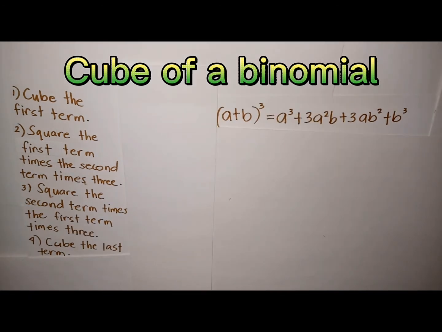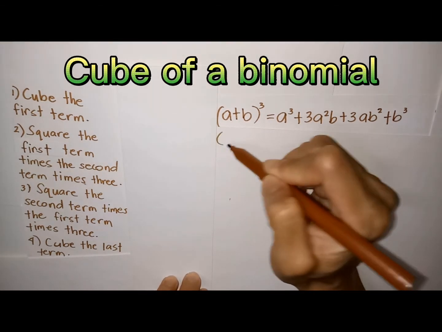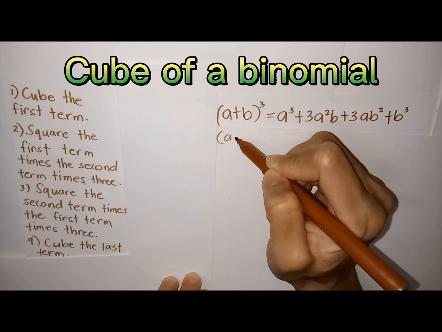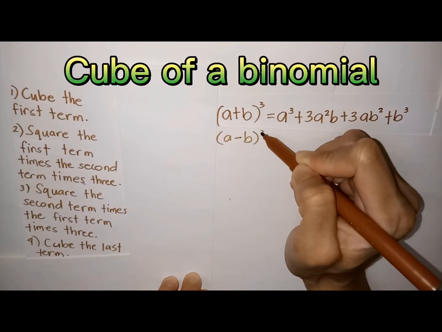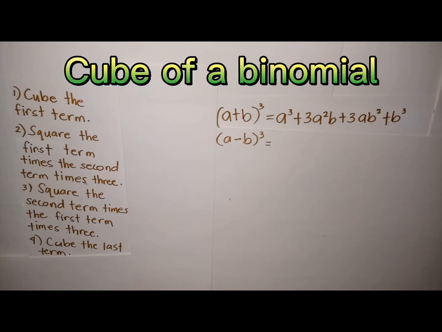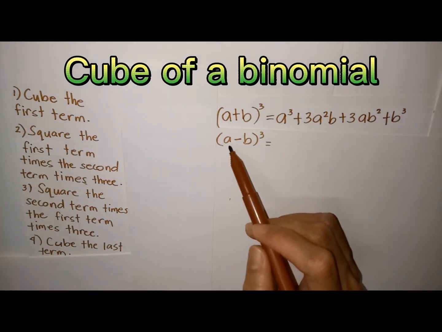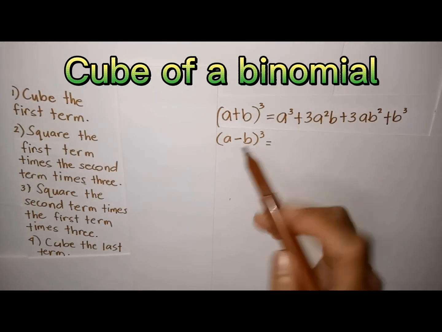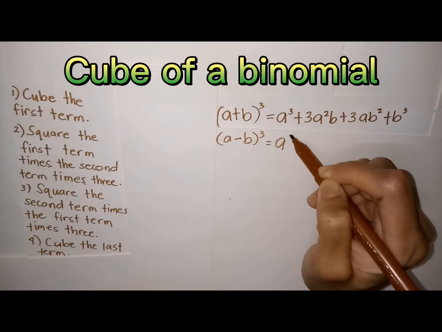How about if we are going to cube a binomial that is being subtracted? For example, we have the quantity a minus b cubed. So we have our first step, cube the first term, that is a cubed.